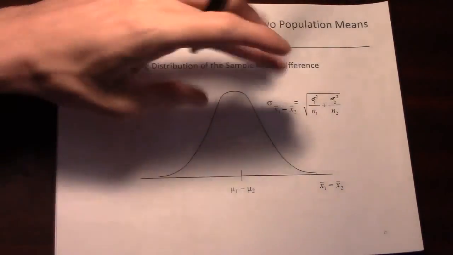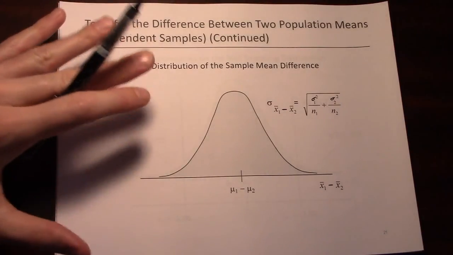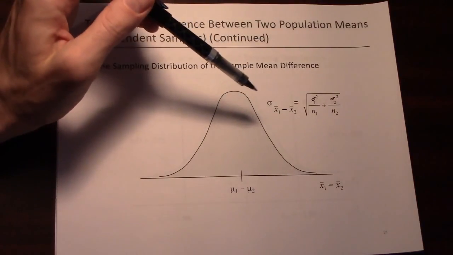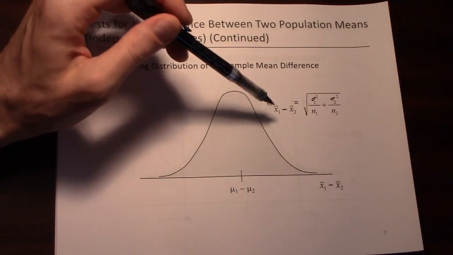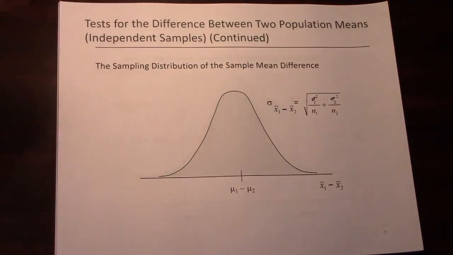So the bigger the sample size, the tighter this distribution is going to be. So we're going to calculate our test statistic using our sample data, when we sample from town 1 and town 2, and this standard error figure.